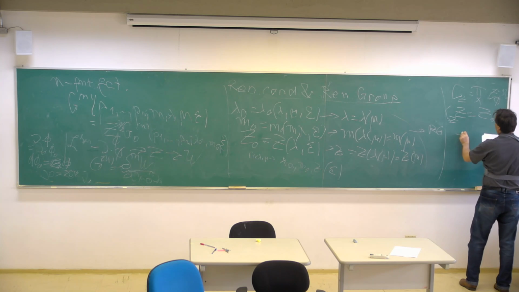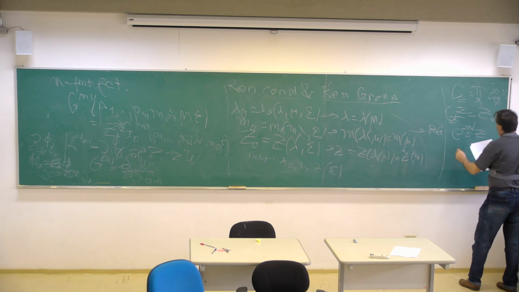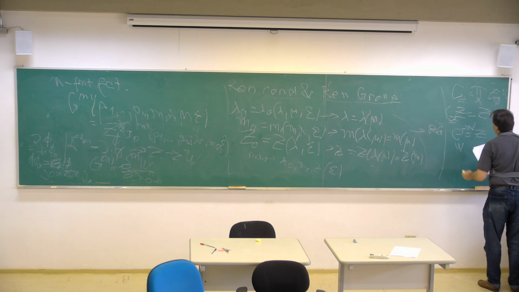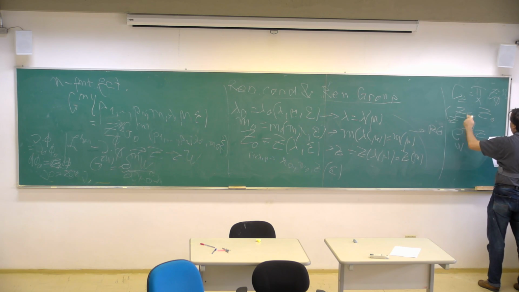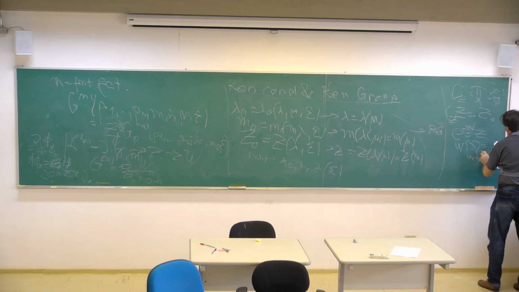And then, as usual, e to the minus W is Z. And because of this relation, we find that W of J is W0 of J0 plus log CZ.